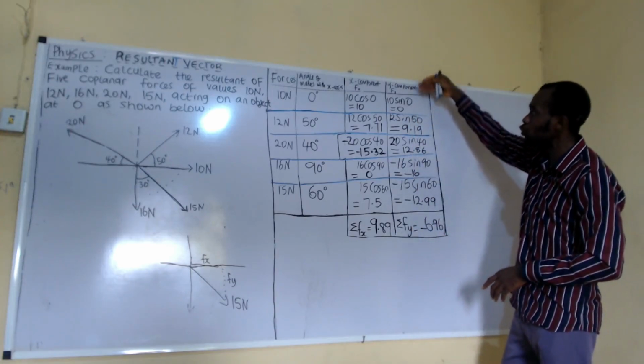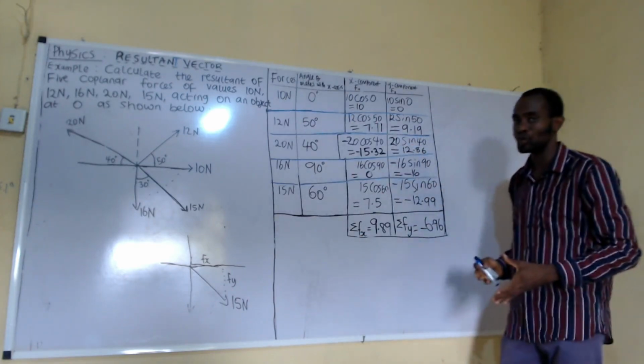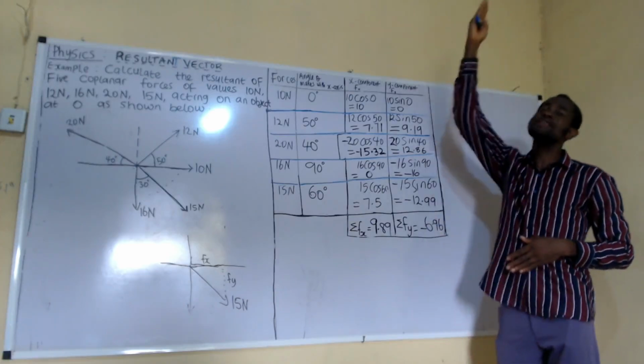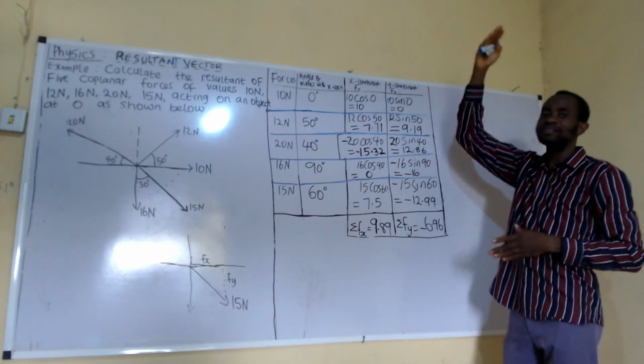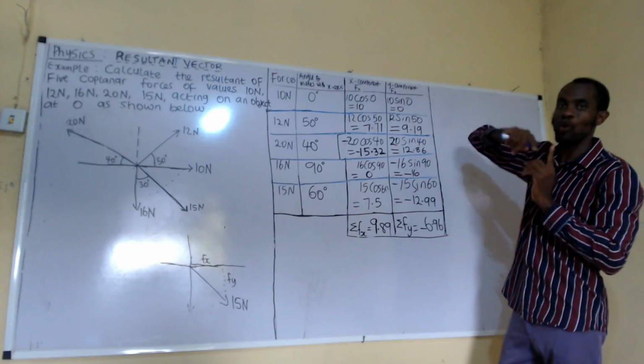All these are the y component vectors of all these vectors. They are on the same axis. They are parallel, and they are either facing the same direction or opposite direction.